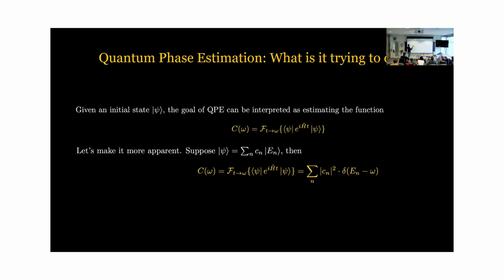Again, this is not what you would get out of the algorithm. This is an infinite precision with Dirac delta, but I'm trying to motivate the problem it is trying to solve. If you look at what QPE is trying to do from this angle, this is how we're going to generalize it to do more cool stuff with it.